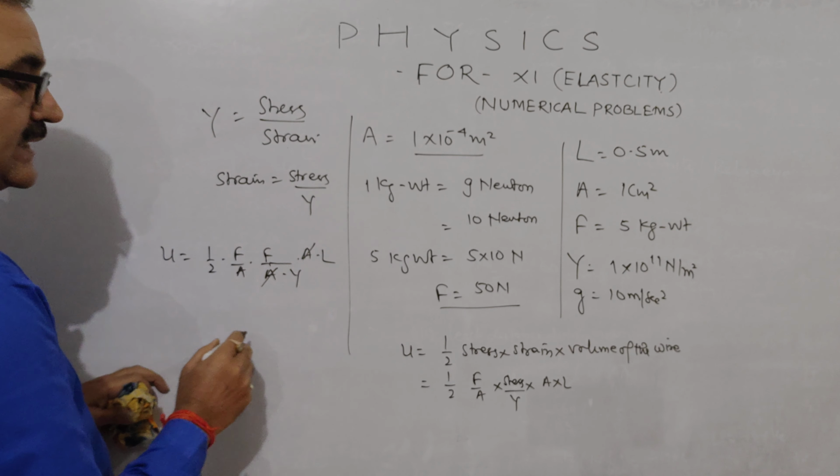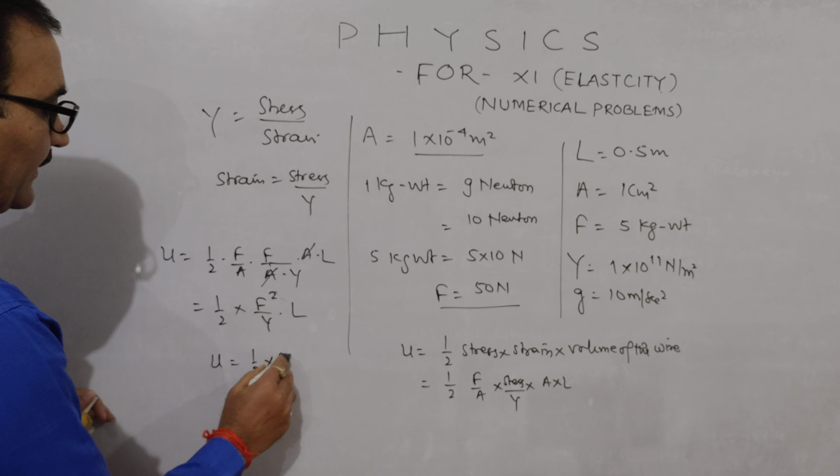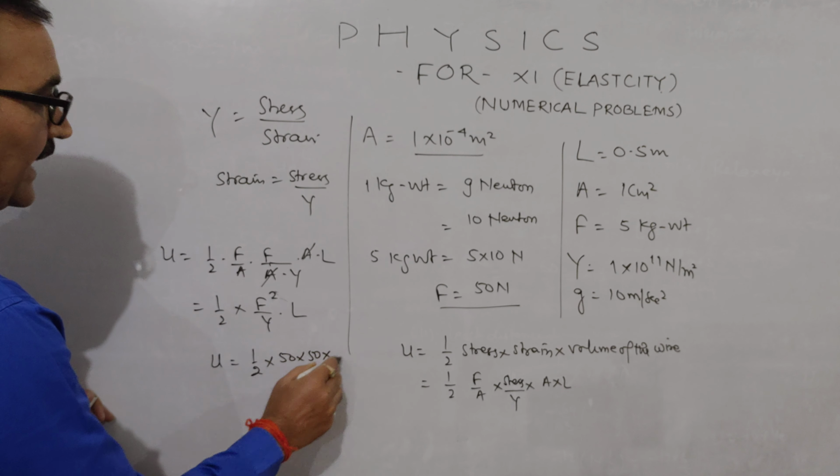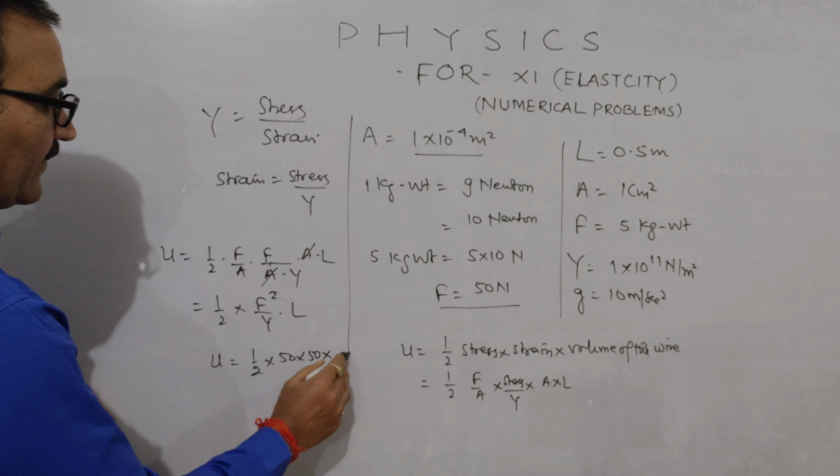Now see the data, what you have. According to this data, you have to manage this formula. That is U equals 1 upon 2 F square by Y into L. F is required, that is given. Y is required, that is given. L is required, that is given. So on putting these values, U equals 1 upon 2 into 50 into 50, and L that is 0.5, upon Y that is 1 into 10 to the power 11.